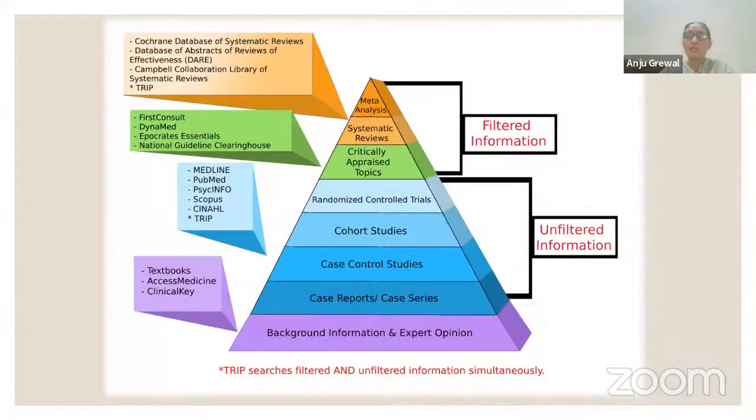We will look at how to evaluate and how to design, especially for unfiltered information, the information that comes from case reports, case control and cohort studies, and what kind of research questions would fit into various research designs.